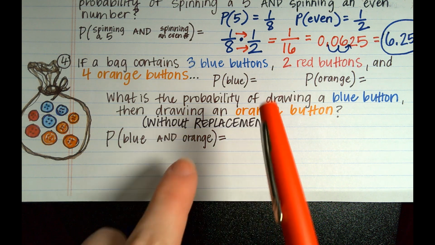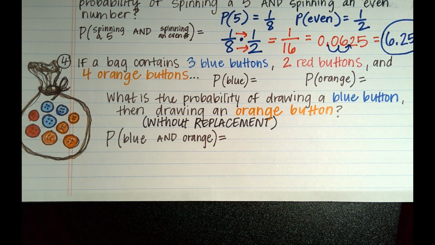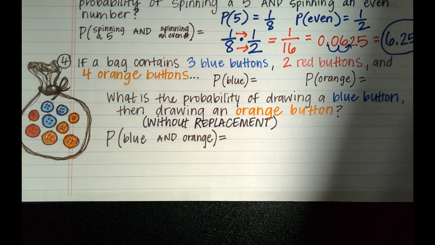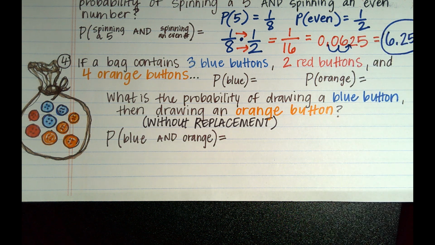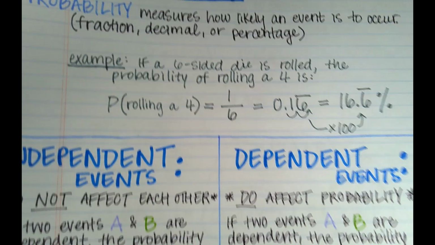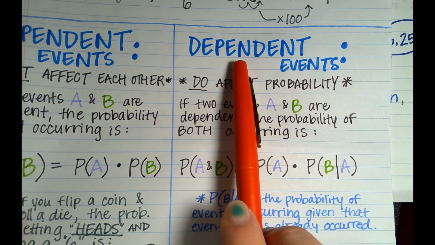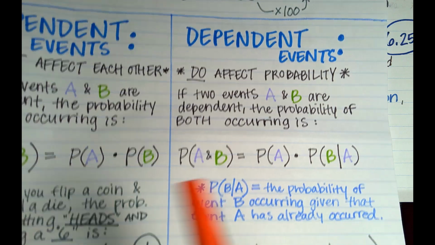So whenever I find that overall probability, we're going to have a different type of set of events here. Once I take one button out, is that going to affect the probability of the next button I draw? It will affect it. So these will be dependent events.